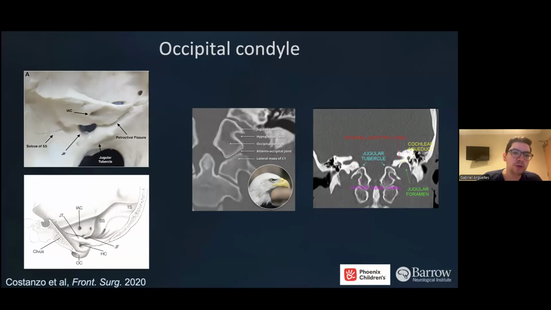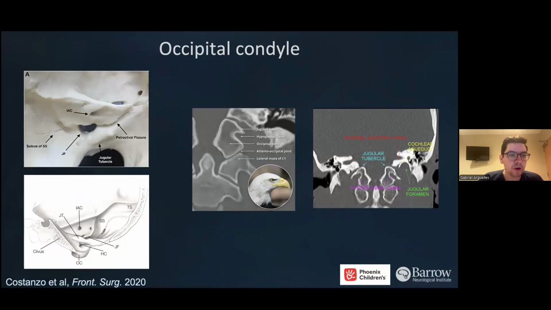On the left, you can see a nicely labeled anatomy of that region. What I want to highlight here is that there are a lot of cranial nerves in the vicinity of the foramen magnum and the craniovertebral junction, which become important when there are traumatic or other injuries to this region because you can see cranial nerve palsies.